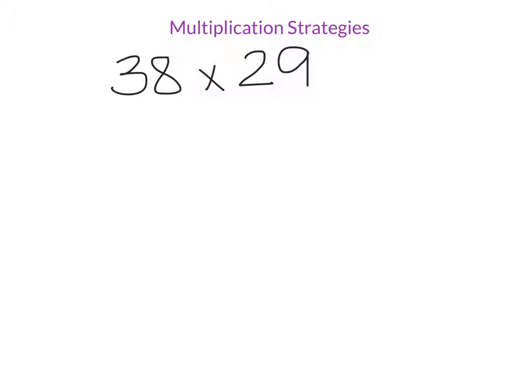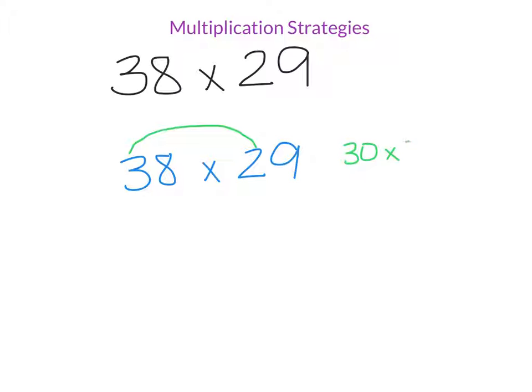So I'm going to rewrite it down here just so I have the room. And we're just going to start with the 3. Now the 3 represents a 30, not a 3. So it's 30 times 20. We're going to go back to that 30, and we're going to do 30 times 9.